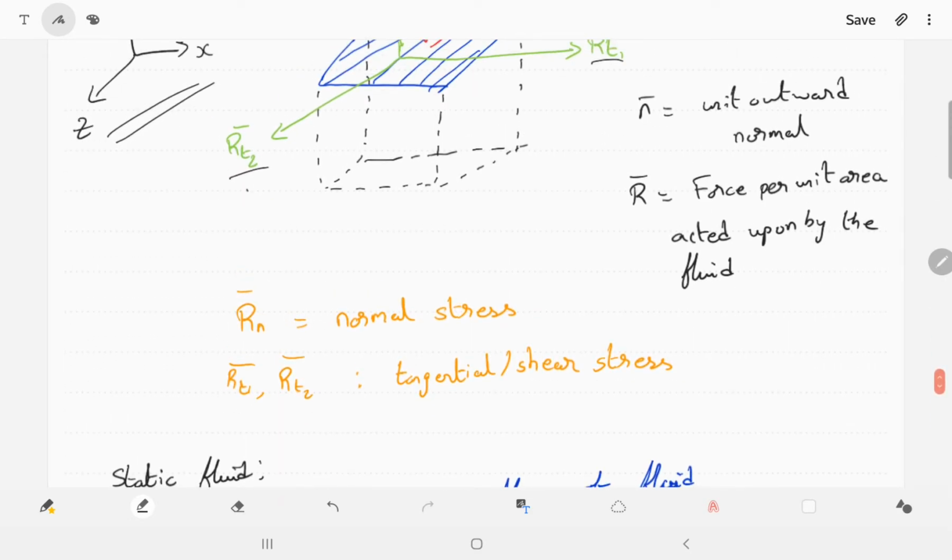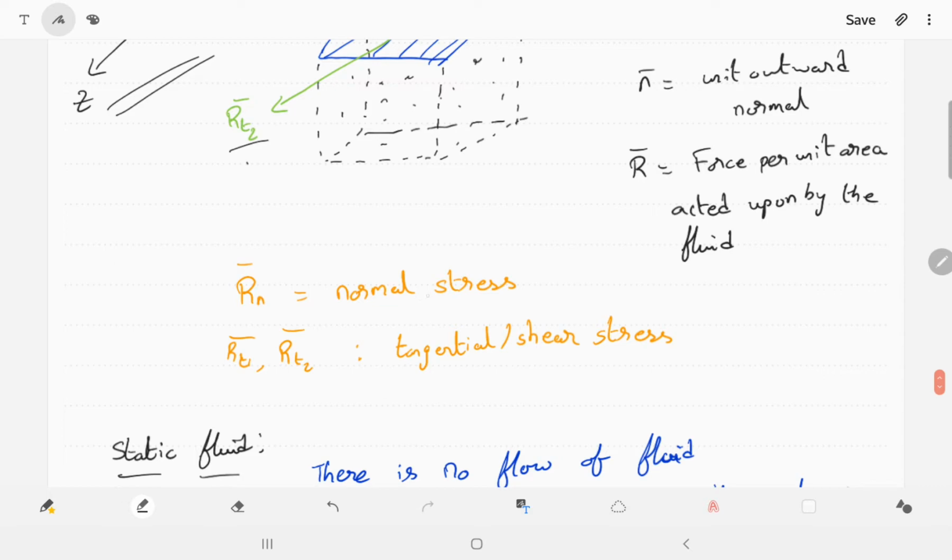Here, n bar is the unit outward normal, and r bar is the force per unit area acted upon by the fluid. Generally this entire volume is considered to be under the fluid. Here Rn bar is a normal stress or force. We generally denote it as stress. And Rt1 and Rt2 are the tangential forces or shear stresses.